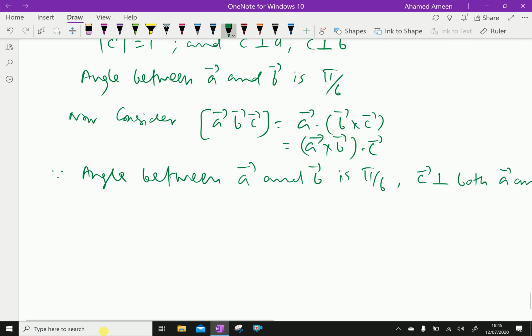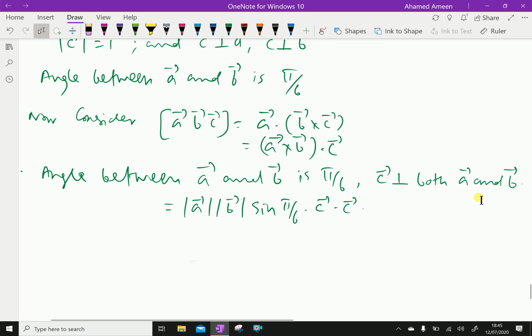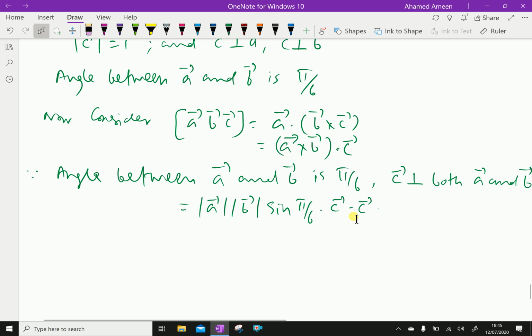Therefore, from this condition, a cross b equals modulus of vector a, modulus of vector b, sine of the angle pi by 6, into the unit vector, and so the dot with vector c gives vector c dot vector c, because vector c is perpendicular to a and b. Therefore, we are writing vector c dot vector c here.